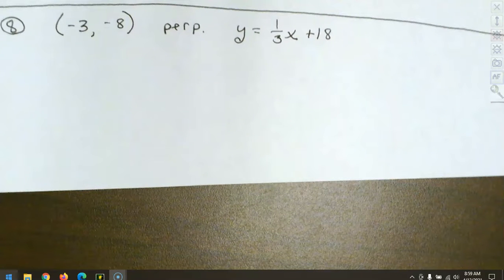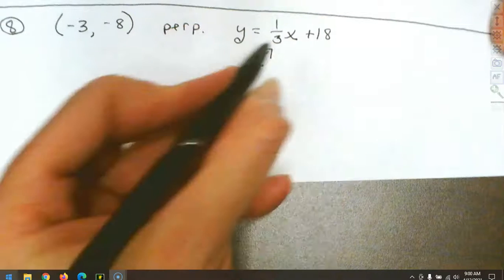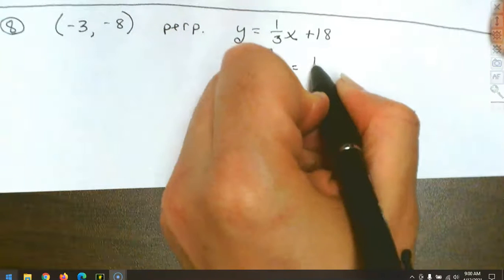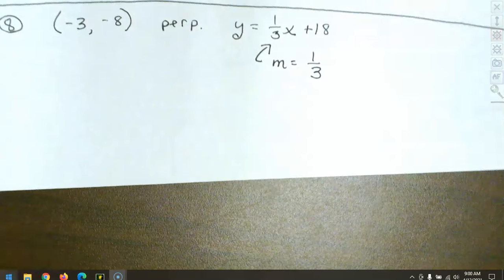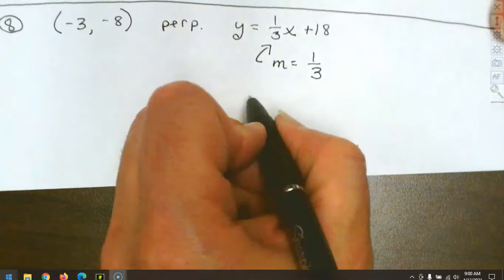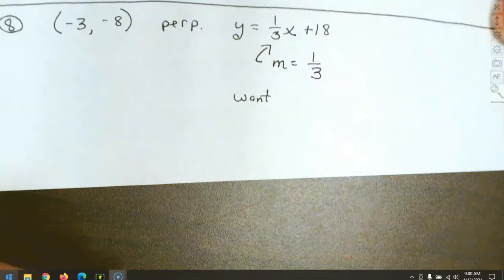So we want to eventually use the point-slope formula. So that means we need a slope. Now the slope of this line right here is 1/3. But I am not going to use 1/3, am I? Because what do we want? We want the perpendicular slope. So that means we want the opposite reciprocal.